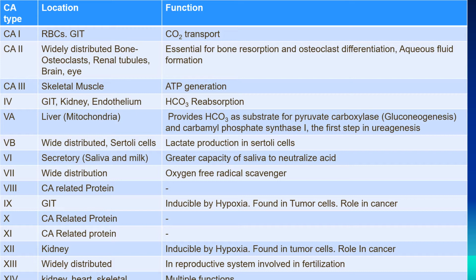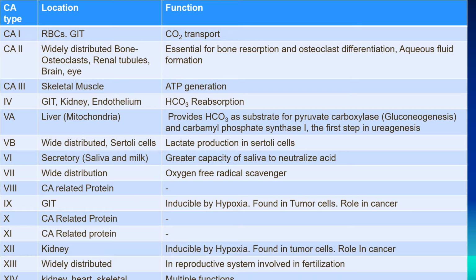Type 8, type 9 and type 11, they are the proteins. Type 9 is GIT related, and actually it is induced by hypoxia, and therefore it has a role in tumorigenesis and cancer. Type 12 is found in kidney. Again, it is also inducible and it plays role in tumorigenesis.